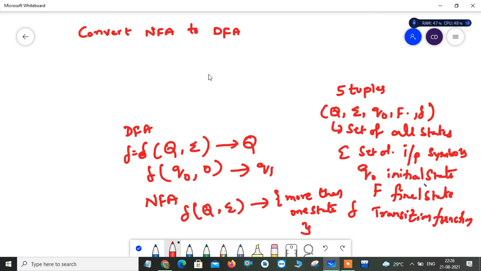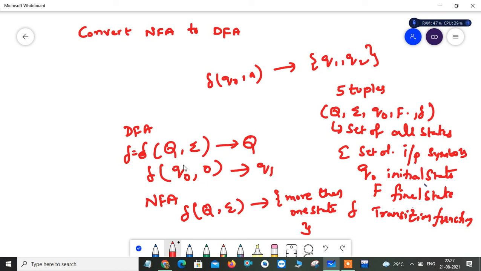For example, delta of Q naught comma A: taking Q naught as the state and A as the input symbol, I can move to two states, Q1 and Q2. This is your non-deterministic finite automata, whereas in a deterministic finite automata it is not possible. We can move to only one state.